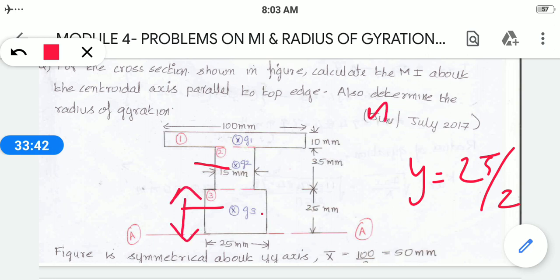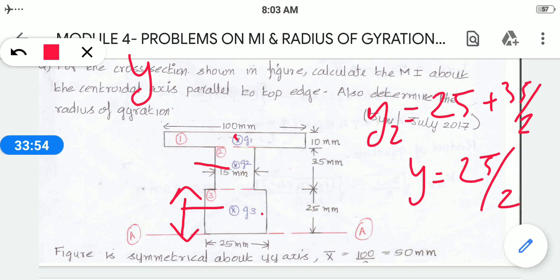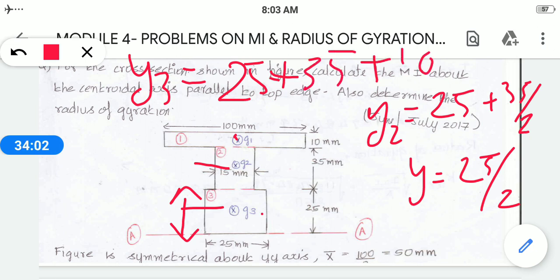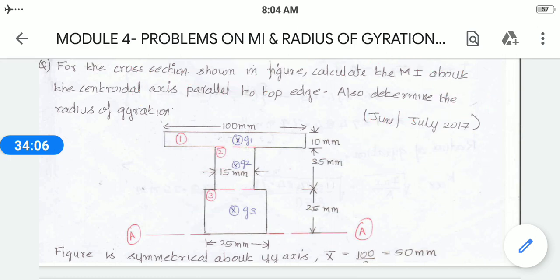So for the second element, y is equal to 25 plus 35 divided by 2. For the third element, what will be the y distance? The y of the third element will be equal to 25 plus 35 plus 10 divided by 2. These are the things to calculate your y value.